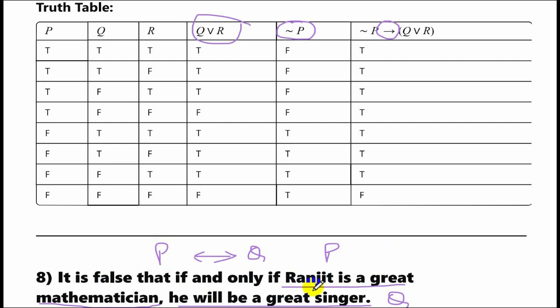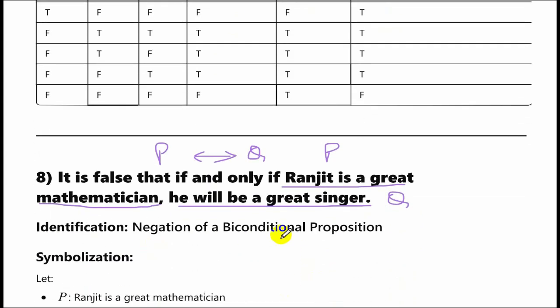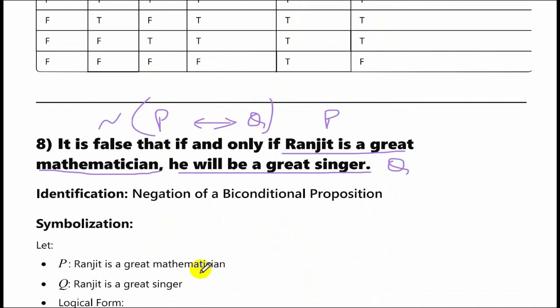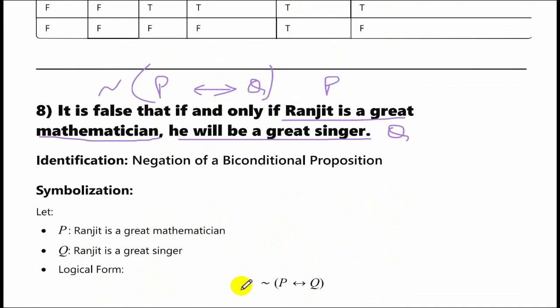So what we are writing is negation of a biconditional proposition. Ranjit is a great mathematician, Ranjit is a great singer. Then we are saying only if Ranjit is a great mathematician, he will be a great singer.